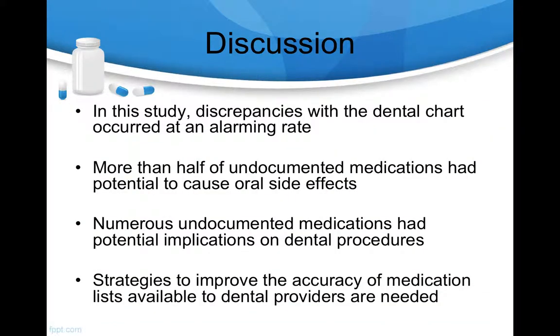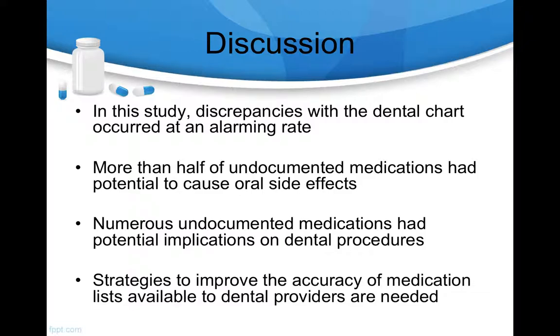So we knew that medications have potential to cause oral health effects, and we also knew that patients presenting for dental care often take these types of medications. So the question in the study was how often do these discrepancies exist? In our study, we did find that discrepancies occurred at an alarming rate, probably at a greater rate than what occurs in primary medical care.